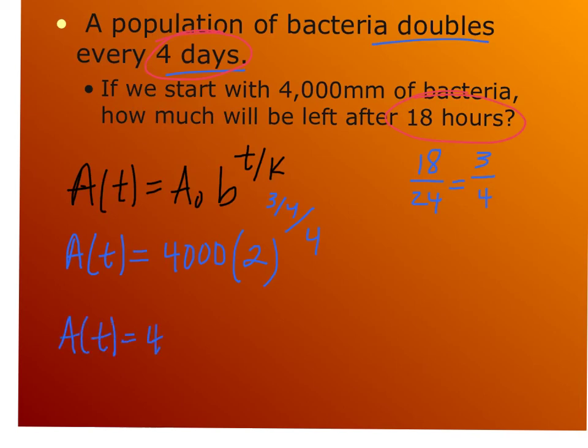You could also simplify first and rewrite it as 4,000 times 2 to the 3 over 16. When you plug that into your calculator, I'm going to round to the nearest bacteria here. We end up with 4,555 milliliters. And that would be your final answer. So again, the biggest thing to be careful of is making sure you have t and k straight and checking your units.